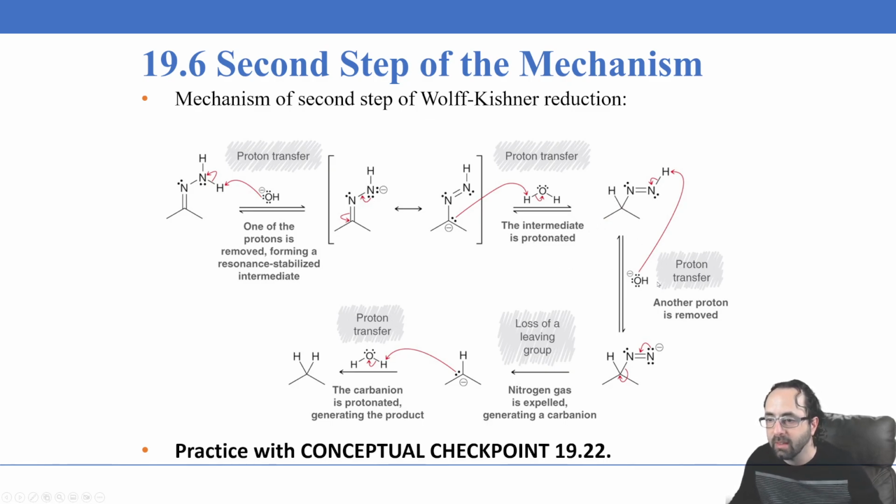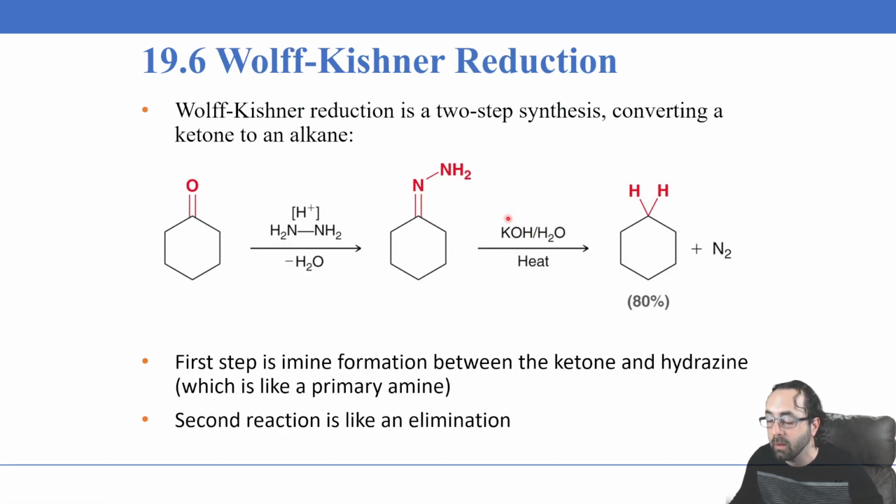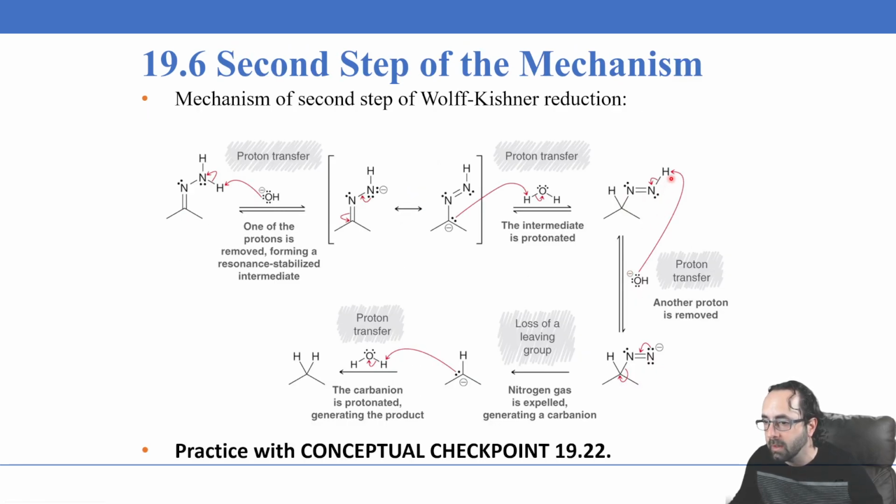At that point, we have a second deprotonation by the base here. Again, this is base catalyzed, or the base is actually a reactant here, the KOH. This is going to deprotonate this nitrogen again here, and we have a second resonance-type arrow here. This time it includes the loss of a leaving group.